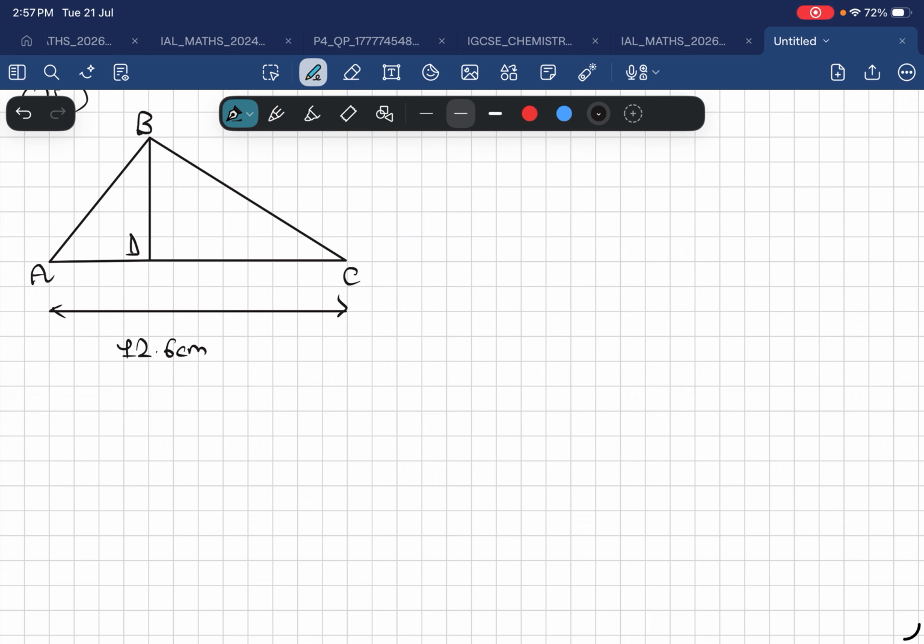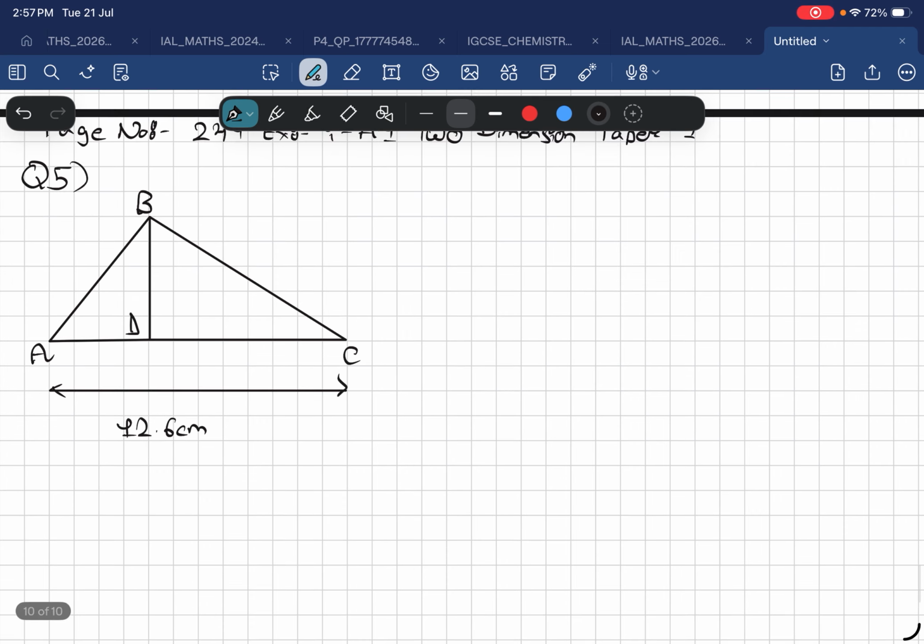The length of AB is 4.9 centimeter. The angle BAD or DAB, which is the same thing, because in the last class I told you the middle alphabet matters.